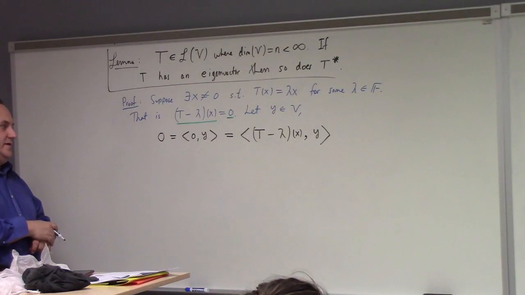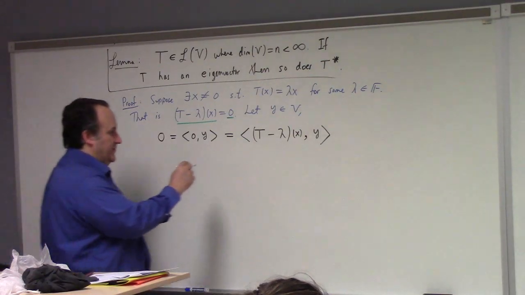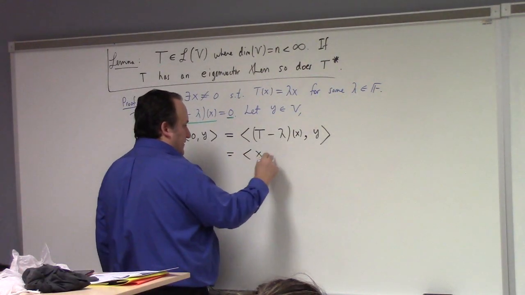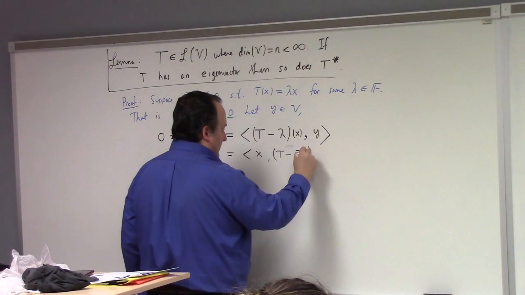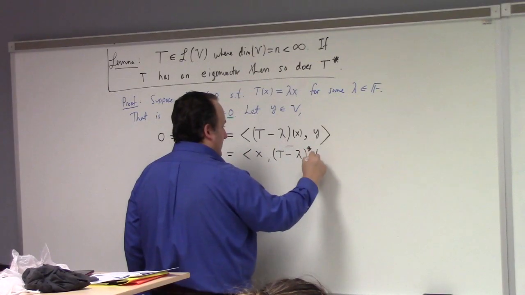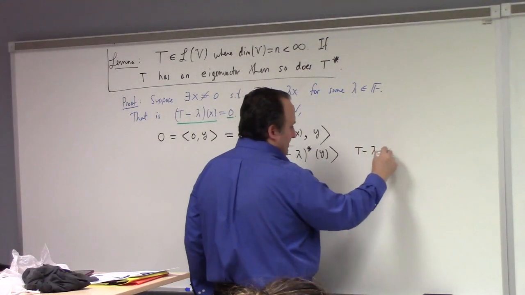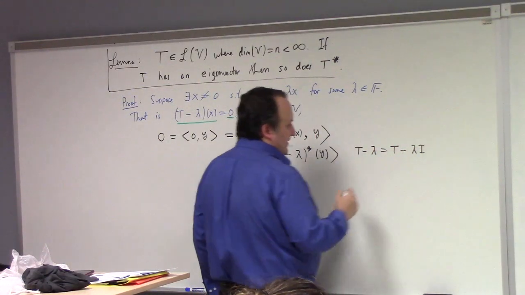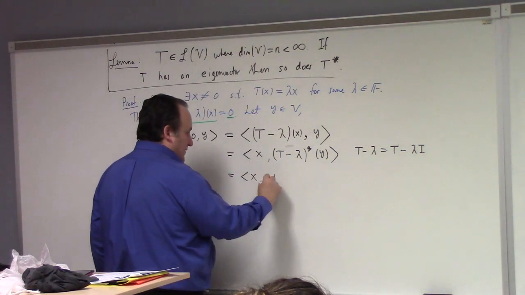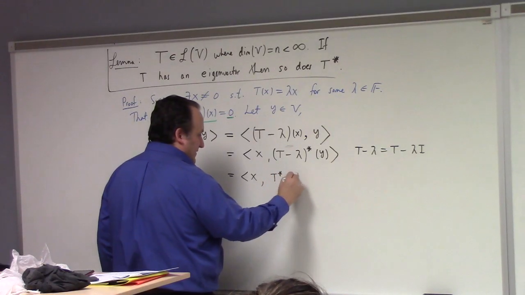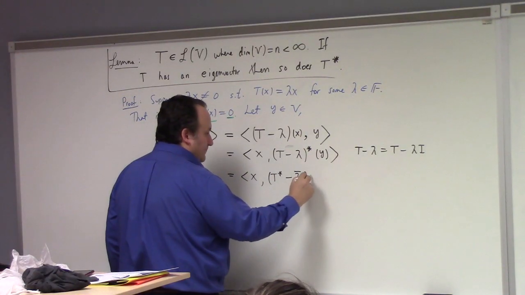But by the theorems that I just talked about with you guys, the adjoint, let me just do it here. So that's x with (T minus lambda) adjoint. Now, T minus lambda is just a shorthand for what? T minus lambda times the identity, right? And so that is x with (T adjoint minus lambda conjugate) acting on y.